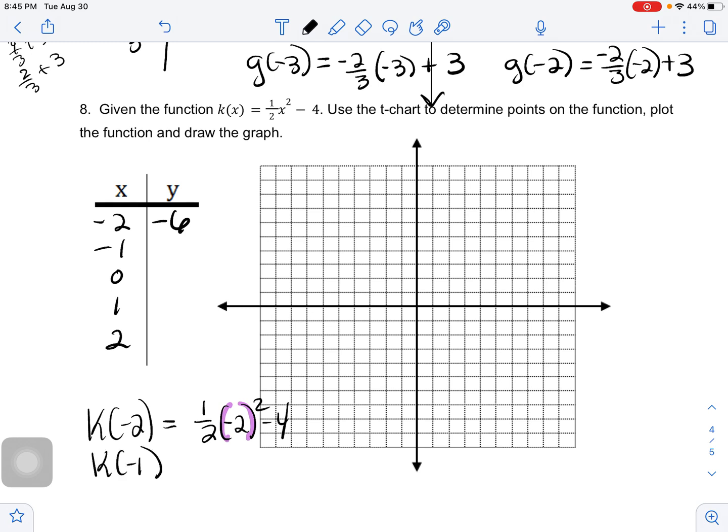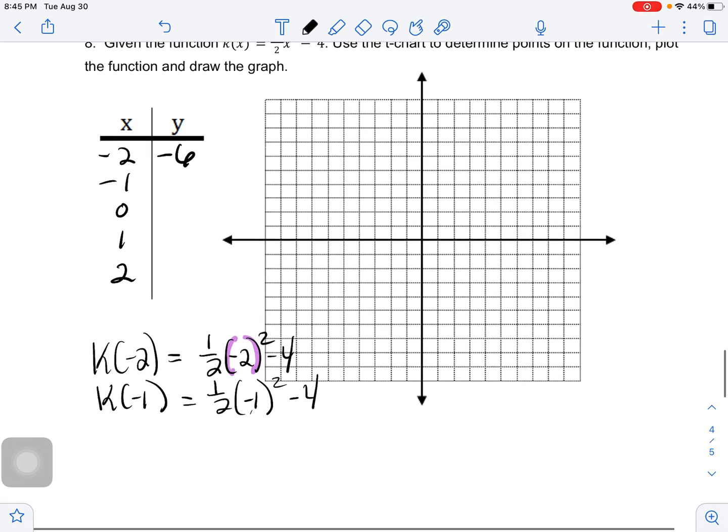Then you're going to do k of -1. So that's going to be 1/2 times -1 squared minus 4. So that's going to be 1/2 minus 4. So 1/2 minus 4 is -3.5, which is -7 over 2.